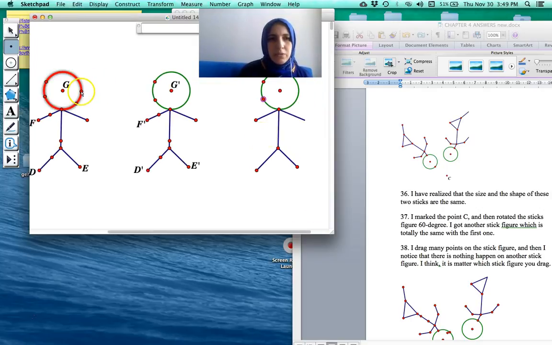When I drag a point on the pre-image, it doesn't change anything from these two sticks. And when I drag the middle of one, it doesn't change from these two sticks also.